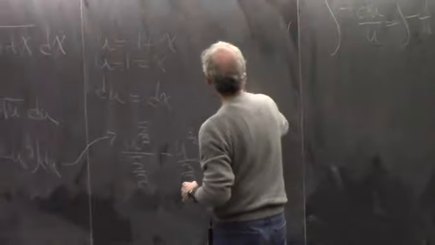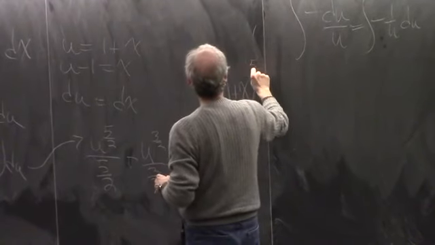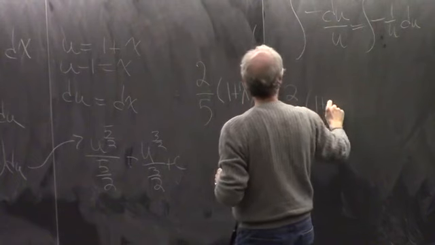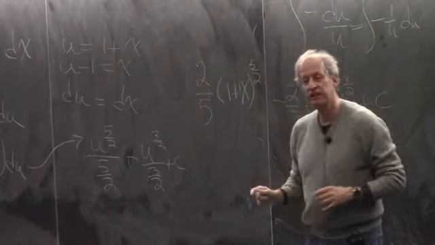So you get 2/5 (1 plus x) to the 5/2 minus 2/3 (1 plus x) to the 3/2 plus c.